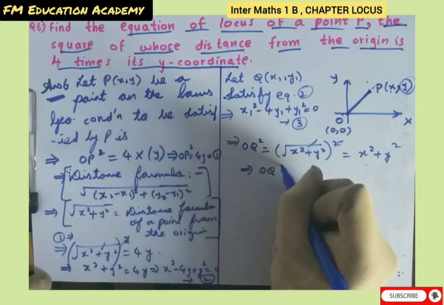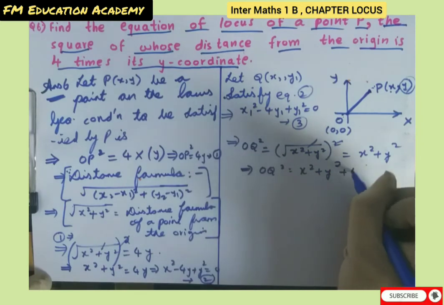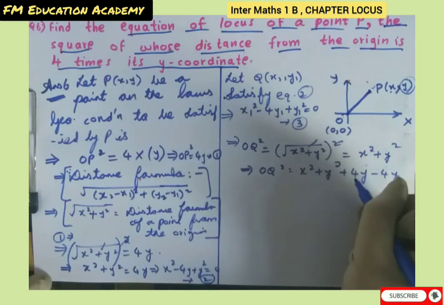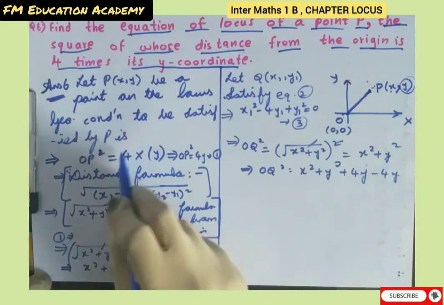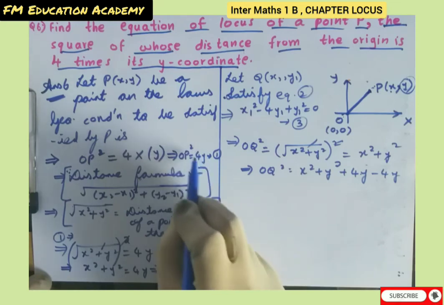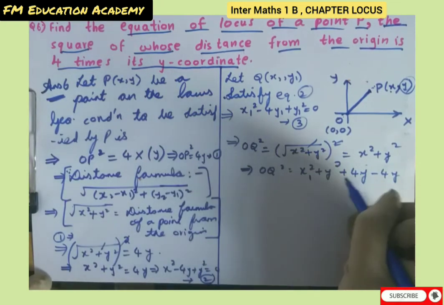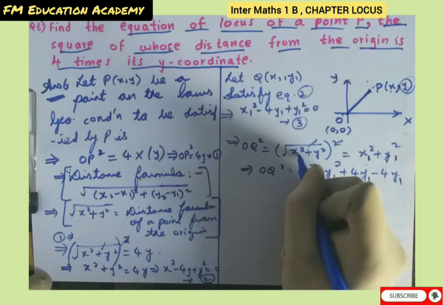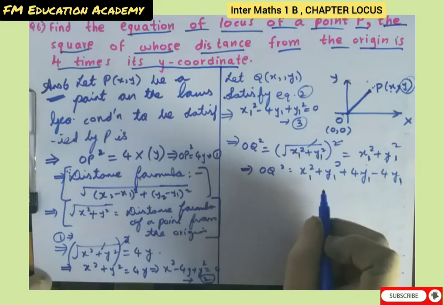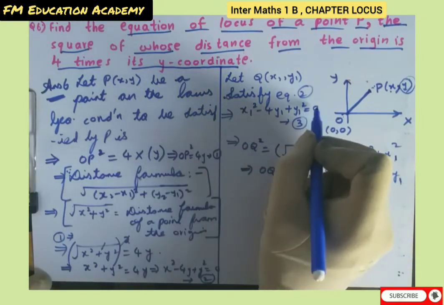How to make this equal to 4y? To OQ square, that is x square plus y square, we can add plus 4y and minus 4y, because plus 4y and minus 4y will give us 0. Why are we adding plus 4y and minus 4y? Because at the end of the RHS we need the answer as 4y. So we know from equation 3, x1 square minus 4y1 plus y1 square is 0.